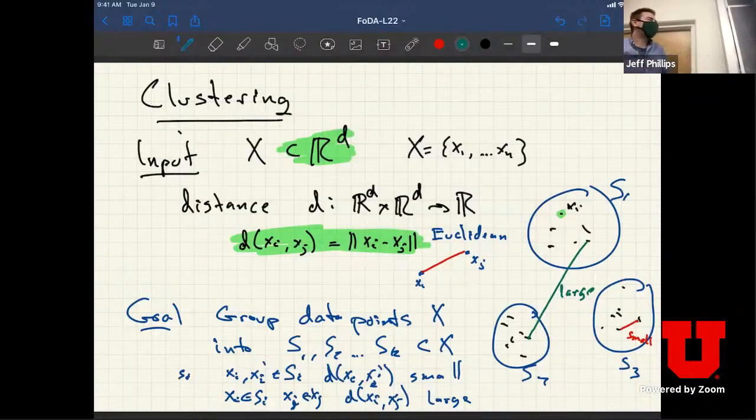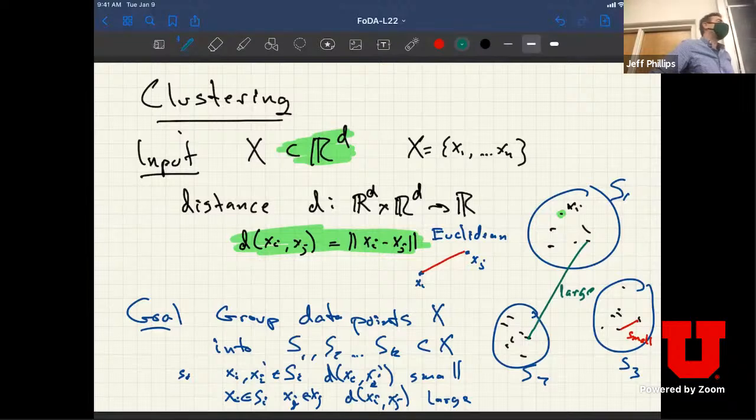The answer I'll give you now is you want to choose a k that's as small as possible so you can achieve this, that intra-cluster points are close and points in different clusters are far apart. What does that mean? I haven't even told you what should be large and small, and what other things I should say about the clusters.